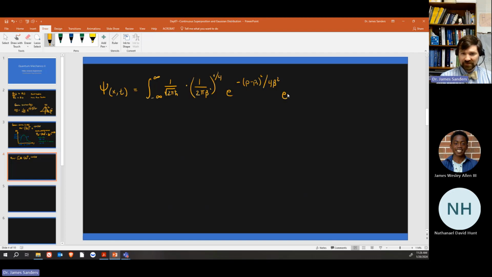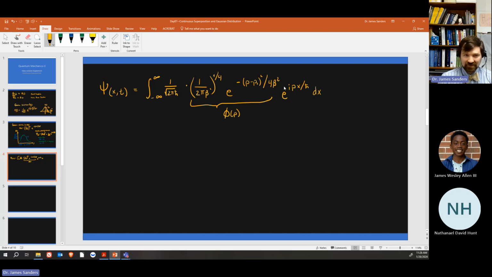And then the Fourier transform part of it is e to the i p x over h bar dx. So this right here is your phi of p.